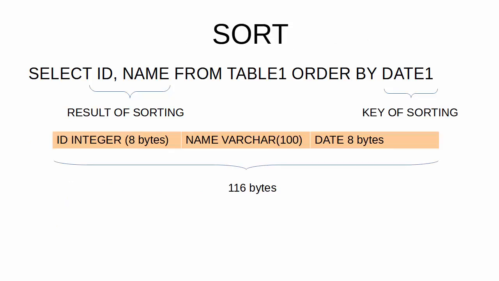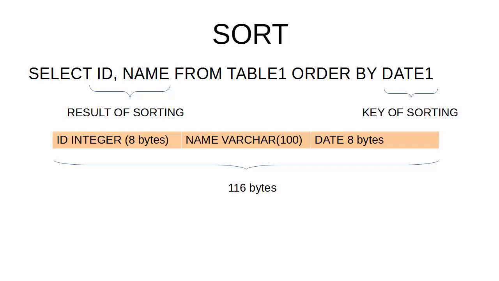Let's see how the first and standard way, sort, works. When you see sort in the SQL plan, it means the following. Firebird gets the fields from the select, in this case ID and name, adds to them the sorting key, in this case date, and forms a line, a record to be sorted.